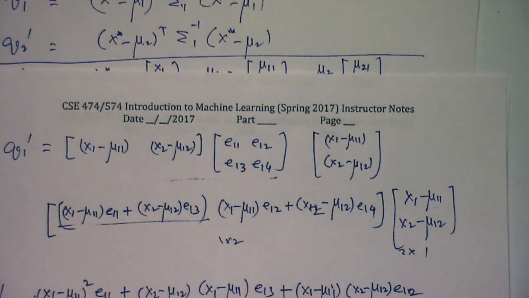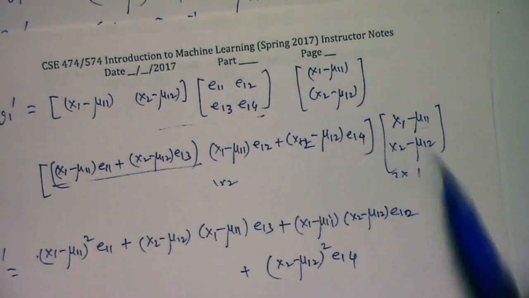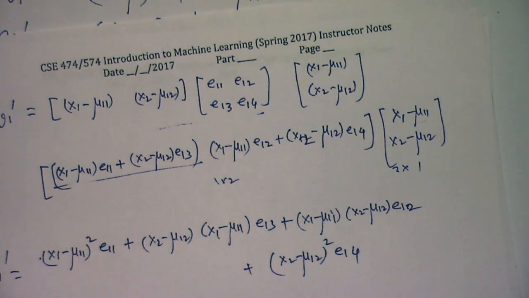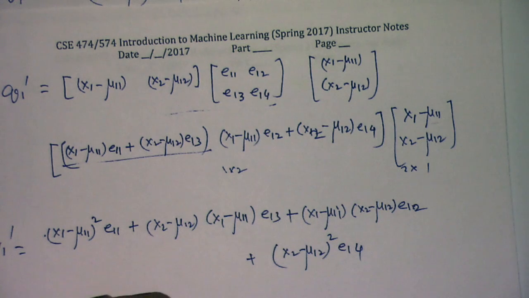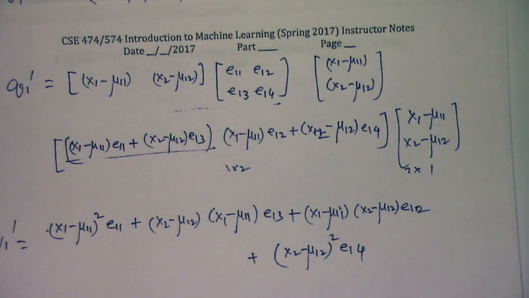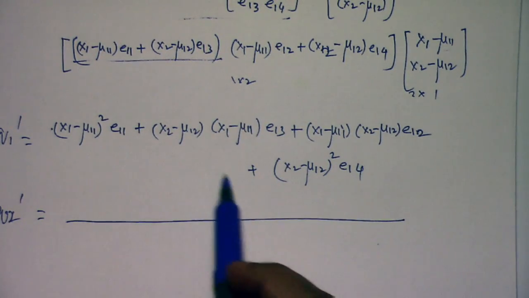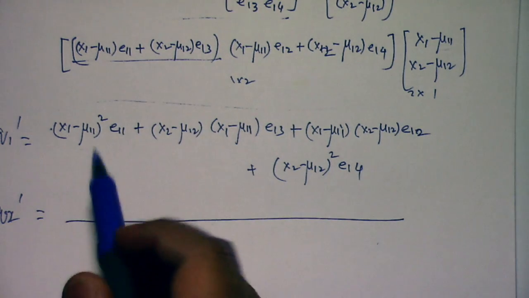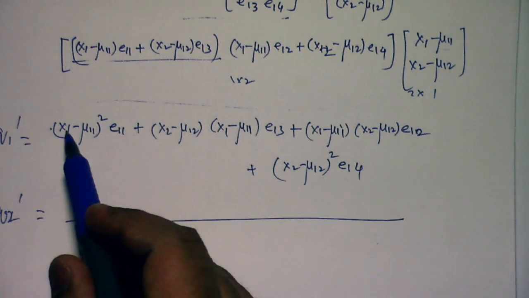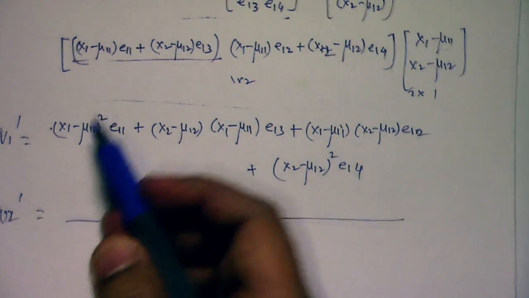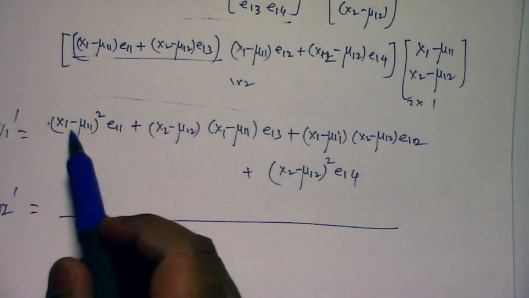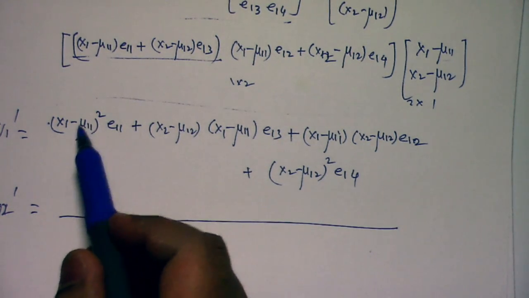And then you can also compute q2 prime in the same way, except that instead of mu11 it will be mu21 and mu22 and so on, right? But the thing that I want you to understand is that if you just compare them, in this whole expression you will have a quadratic term in x1, because it will be x1 square minus 2 mu11 x1 times something.